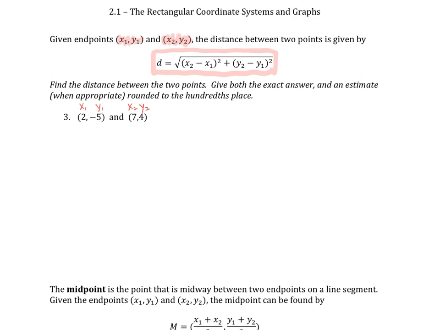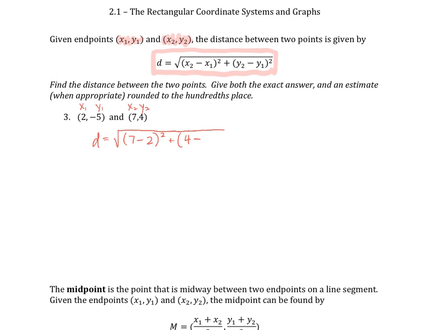I like to label them because then it's really easy for me to see which numbers go where in the formula above. So d, the distance, equals the square root of x2, so x2 is 7, minus x1, which is 2, squared, plus y2 is 4, minus y1 is a negative 5.